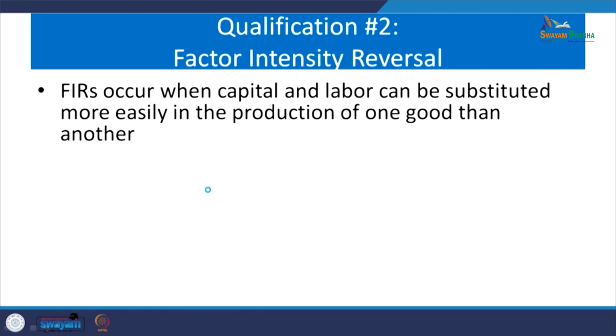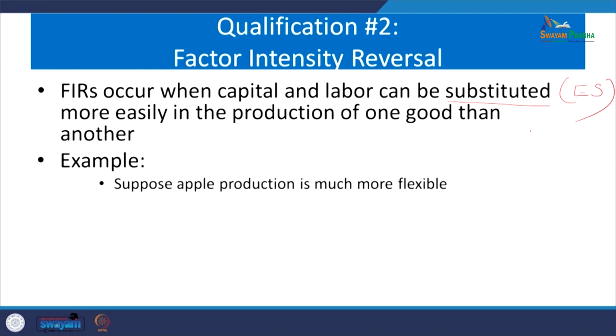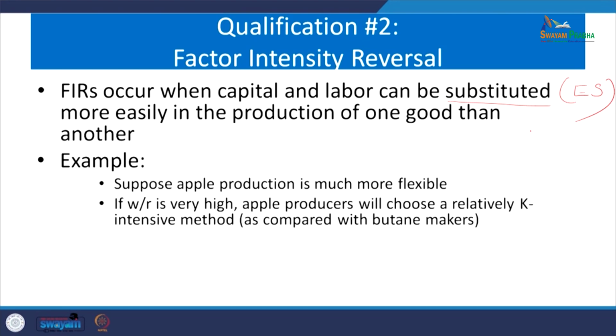Other interpretations of FIR are the following. FIR occurs when capital and labor can be substituted, measured through ES, the elasticity of substitution, and are substituted more easily in the production of one good than another. For example, suppose apple production is more flexible, and similarly cloth also. Then the manufacturer will utilize the available resources accordingly, and if some of the prices are getting cheaper, they will reverse the factor engagement, leading to further adjustment.